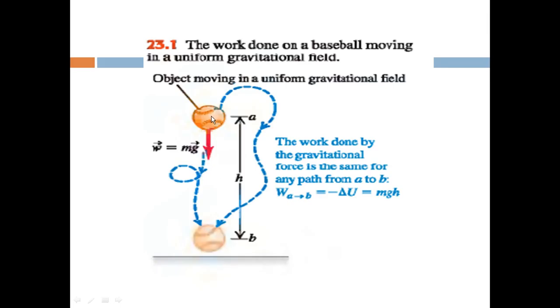So whether the ball moves along this path or simply goes straight from point A to point B, the amount of work done in moving the object from point A to point B is the same all throughout. This means that the associated potential energy doesn't depend on the direction of the movement of the object, but is independent of the direction.